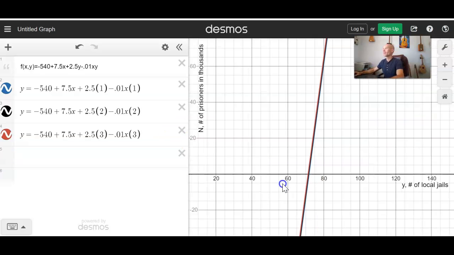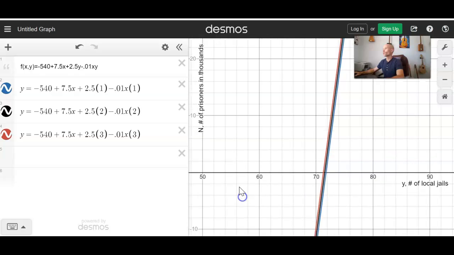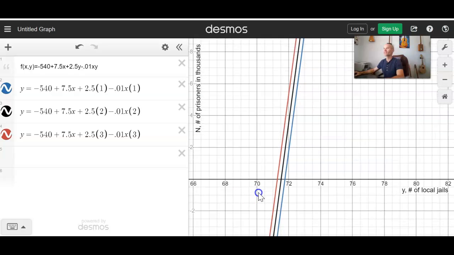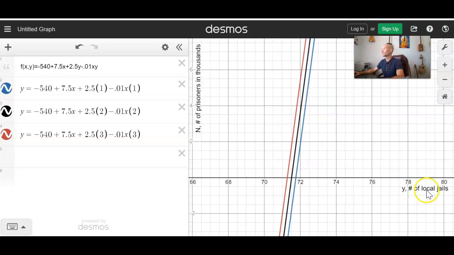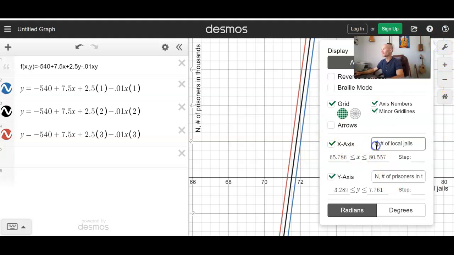Okay, so now what we're looking at is the relationship between these three. And instead of this being y, the number of local jails, this is x, the number of federal prisons.